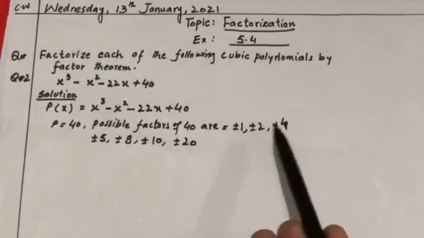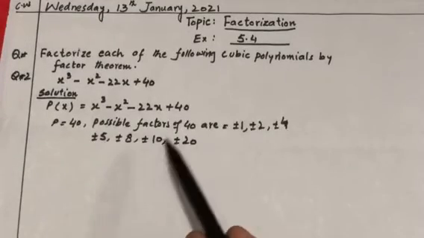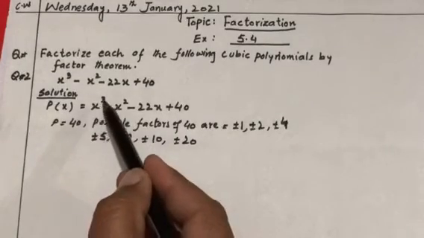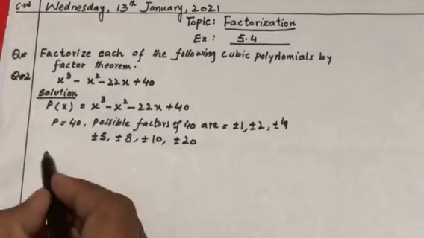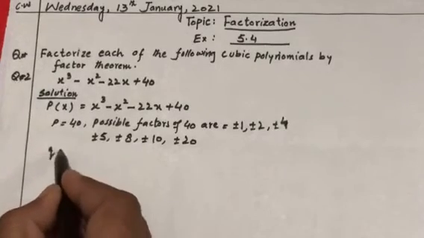So these are the possible factors of 40, and the coefficient of x cube is 1, so it is represented by q.